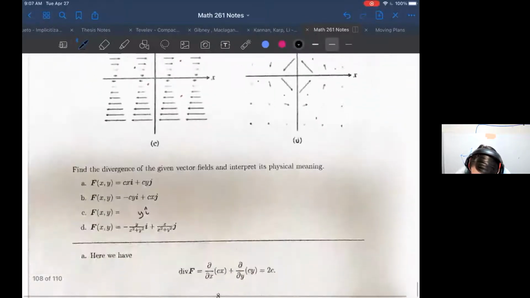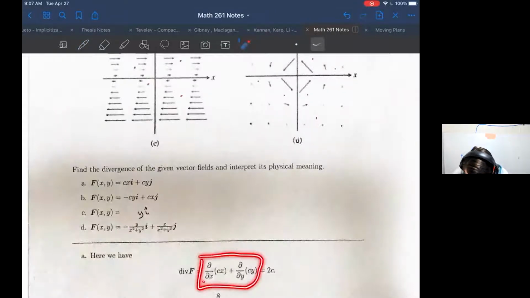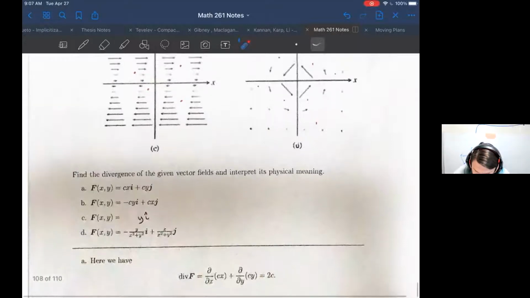So divergence, again, I can scroll down. This already gives us an answer, but the divergence is this del M del x plus del N del y.